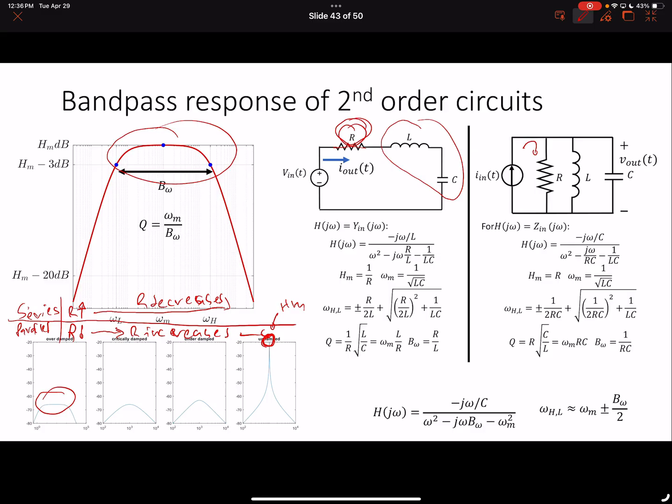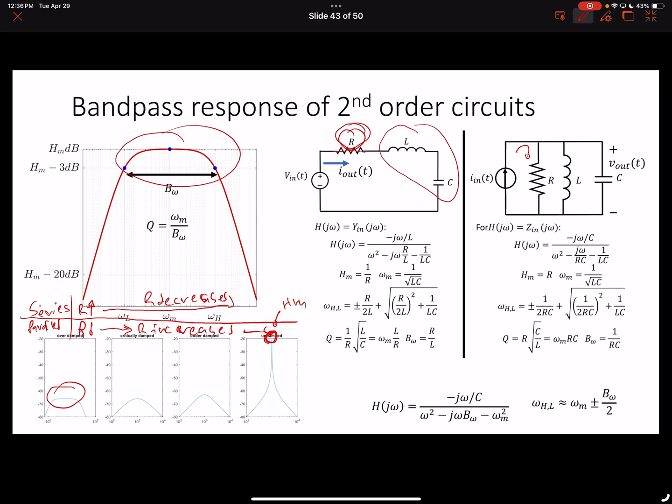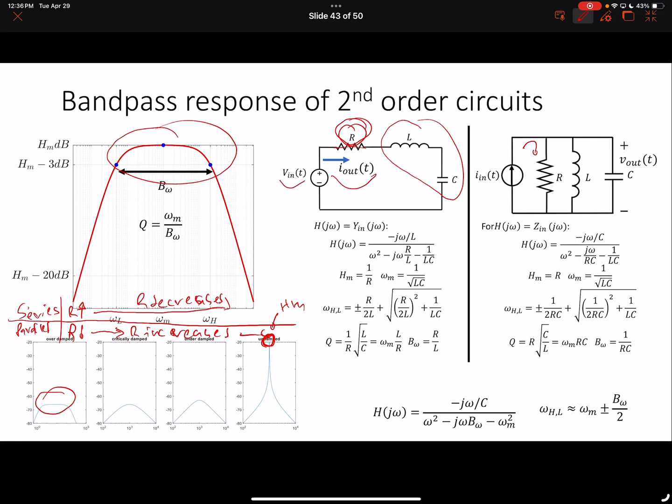Now, for both of these circuits, you should know what the maximum would be. So what's the maximum current we could get out of this circuit? At what frequency would it occur? The maximum you're going to get is 1 over R, and it occurs at the resonant frequency, 1 over the square root of LC, because that is the case where the impedance of the inductor cancels out the impedance of the capacitor.